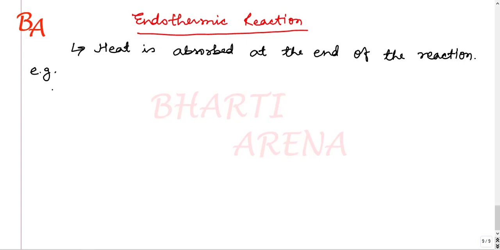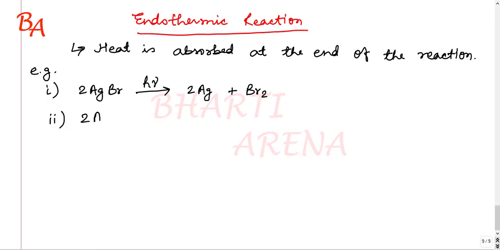A few examples we are going to observe here. The first is silver bromide. We have seen it somewhere. It will decompose this way. It is an endothermic reaction. Second of the same category, we have also seen it in the previous pages. It will give silver plus chlorine.